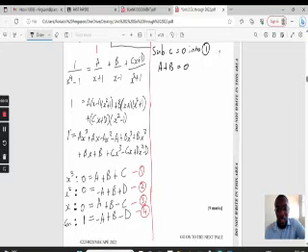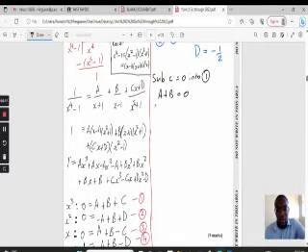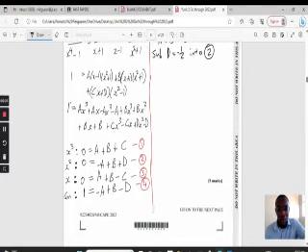Then I'm going to plug d as negative half into equation 2. When I plug it in, it's going to be minus a plus b minus a half is 0. Bring over the minus half, so I'm getting minus a plus b is equal to positive half. All I did was bring the minus half to the other side.